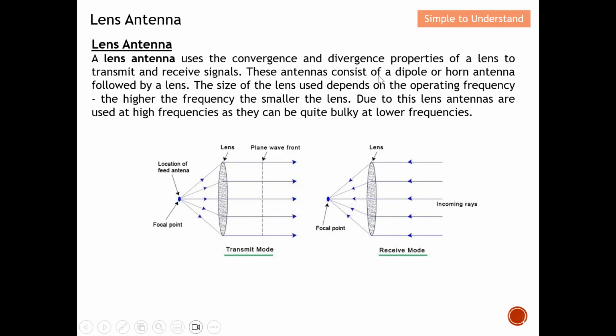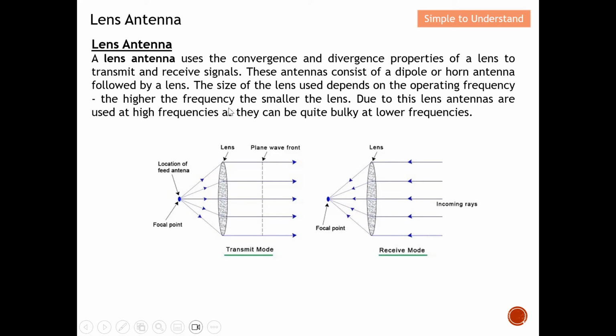This antenna consists of a dipole or horn antenna, followed by a lens. The size of the lens depends on the operating frequency.